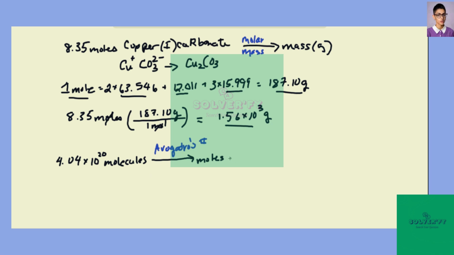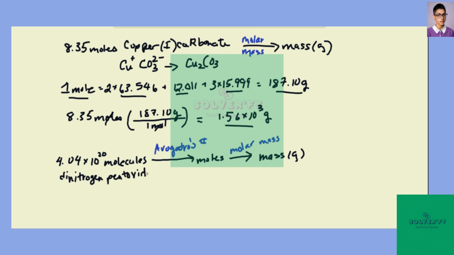And then if we want to go from molecules to grams, after we change to moles, we again use our molar mass. So in this case, we're talking about a compound called dinitrogen pentoxide.